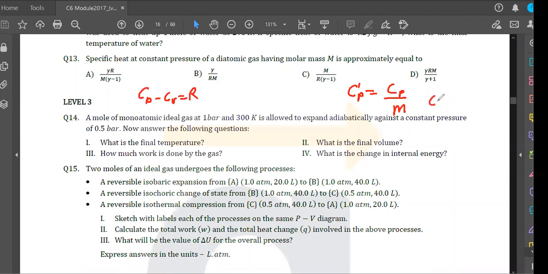So in the same way, C dash V is equal to Cv by M. So let's rewrite this equation.